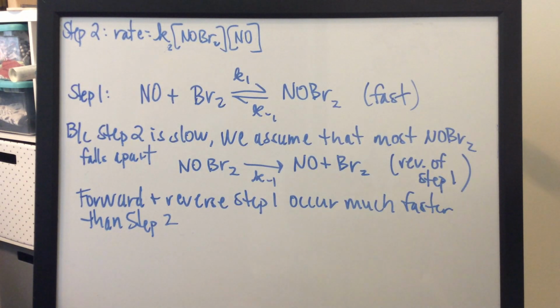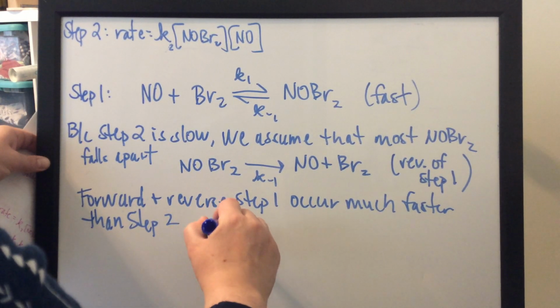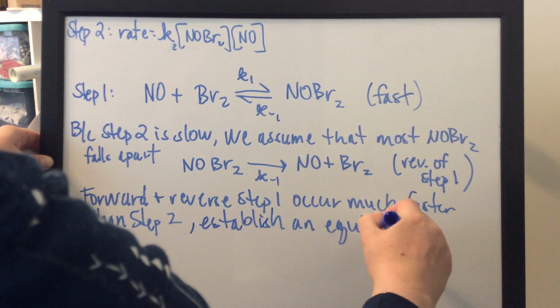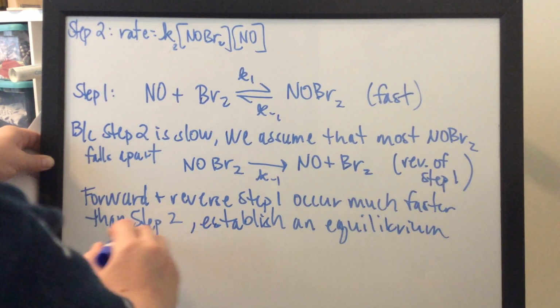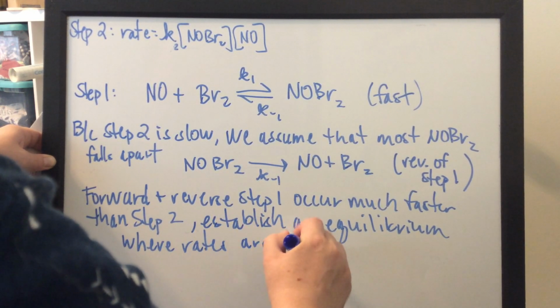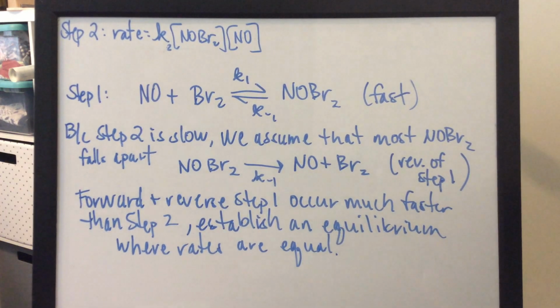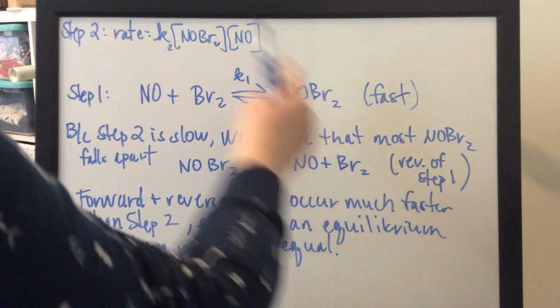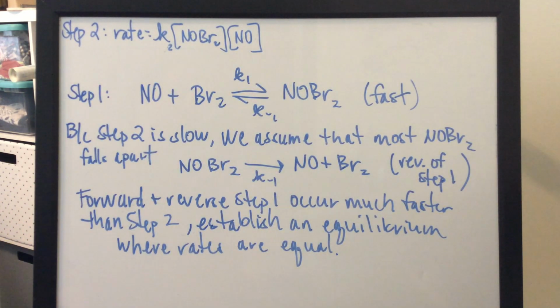And they actually establish an equilibrium where their rates, or their speeds, are equal, okay? So the forward and the reverse reaction, meaning this and this reacting to form this, and then this falling apart to make this and this, are actually occurring at the same time, and they establish an equilibrium in which their rates are equal to each other.